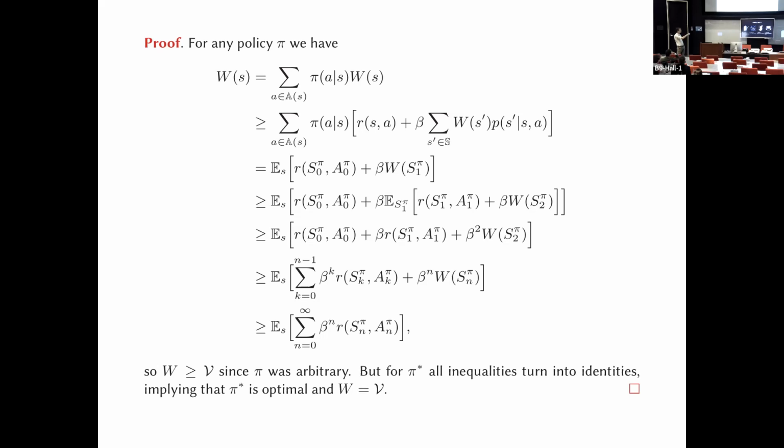So it's the best. Pi star must be optimal. But if it's optimal, then the expected total reward under pi star is the value function, which we have just argued to be equal to W. So value function and W must be the same. So it's just repeatedly plugging in the dynamic programming principle once you have found a solution of that. Very simple proof.